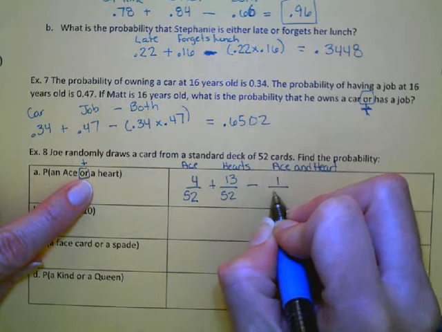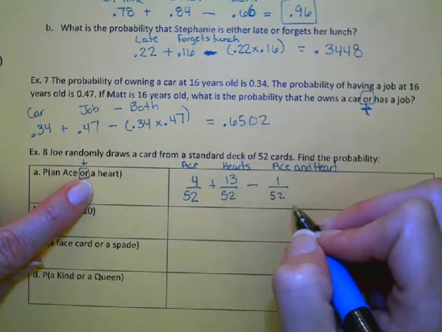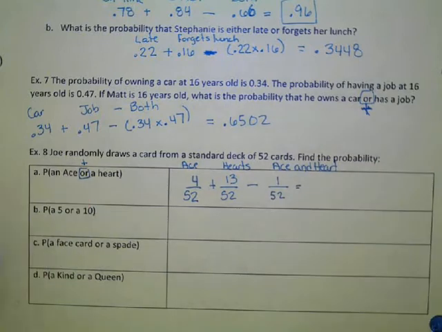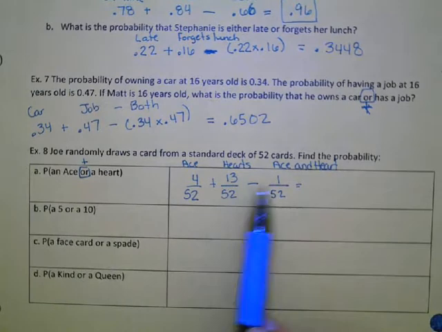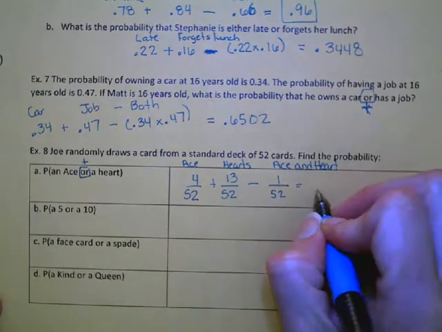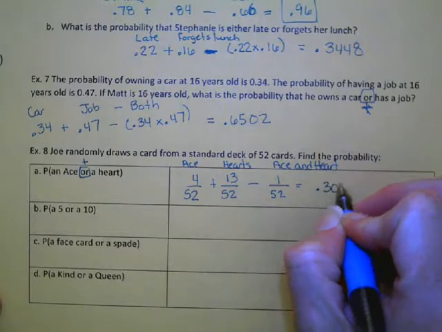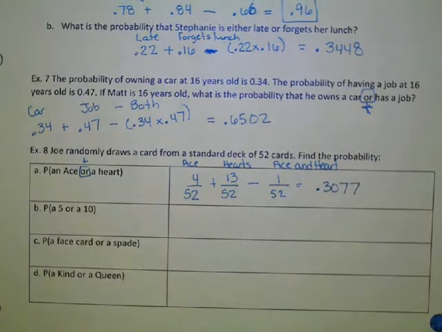Okay. You can get decimals or fractions here. If I wanted a fraction, that would be 17 minus 1 gives me 16 over 52, but we wrote them as decimals. I have 0.3077. So if you want to pause the video, check your work, try it, then just look at the notes that are worked out on Canvas. That would work too.